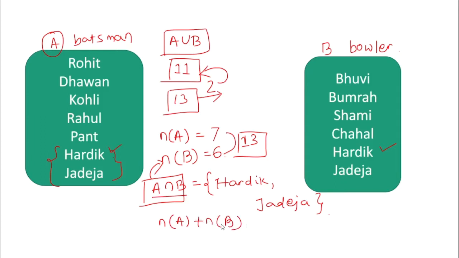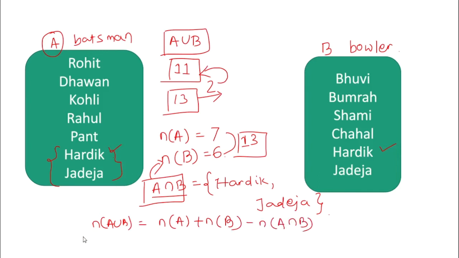So to resolve the problem, what I must do is subtract this just once so that I can balance this out. So I can say that the number of players in A union B will be the number of players in A plus the number of players in B minus the number of players in A intersection B.